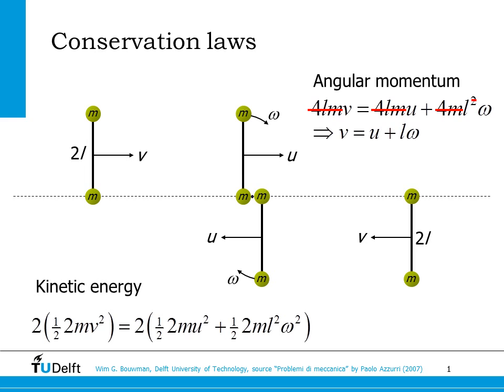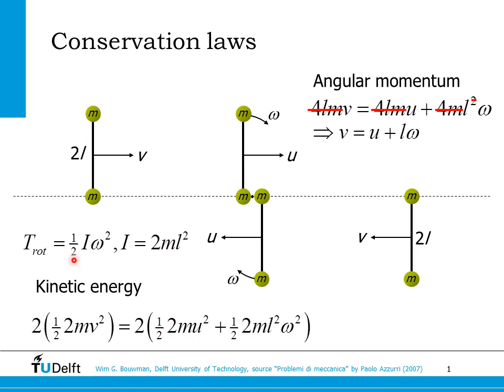In this case, if you work it out, you have 2 dumbbells, and then the mass of each is 2m, so then you get for the total kinetic energy before the collision this term. After the collision, the v is replaced by u, but in addition you have the term connected with rotational kinetic energy. You can write it out.